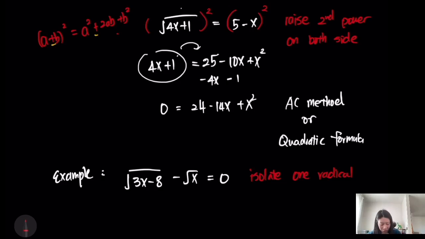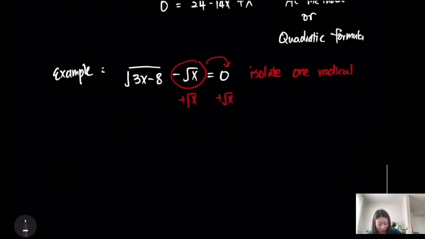So what we're going to do is move the radical to the right side. I add the square root of x on both sides. Now what I have is the square root of 3x minus 4 equals the square root of x. Now I can square both sides, which means you raise to the second power.